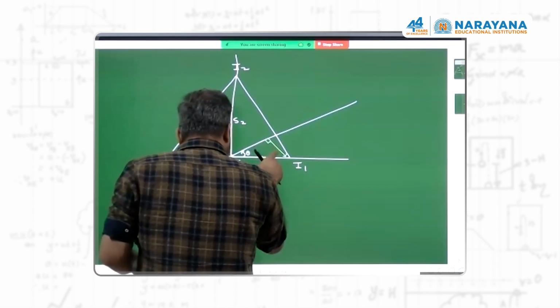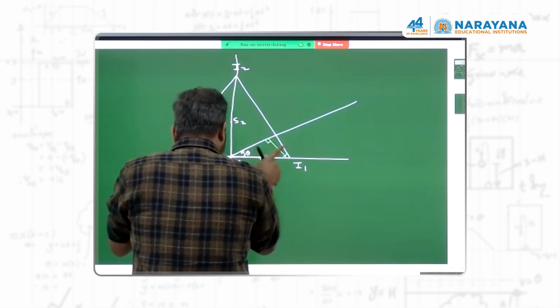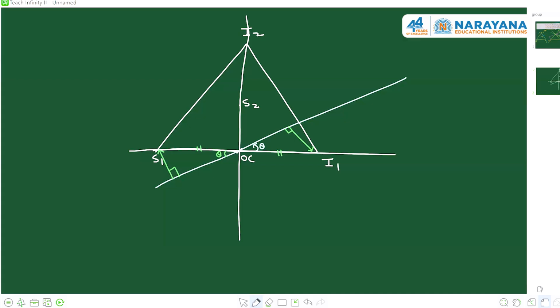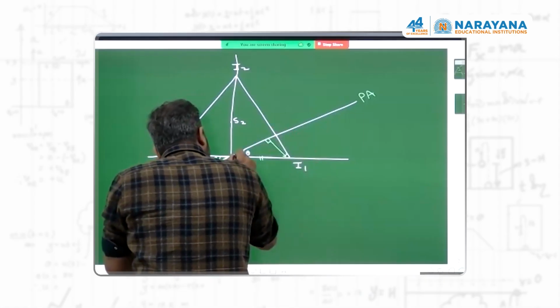So you can see these two triangles are congruent, right? That basically means because these two sides are equal and the three angles are also equal, this side is also equal, and this is the principal axis. S1 represents the object location and this represents the image. And this length is equal to this.